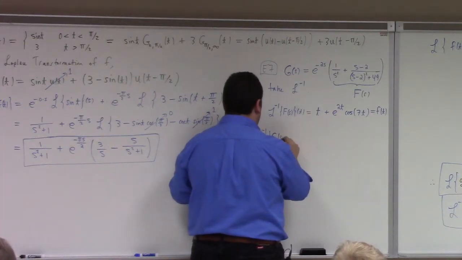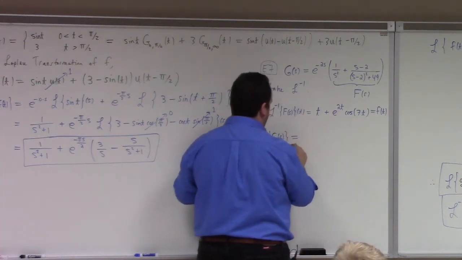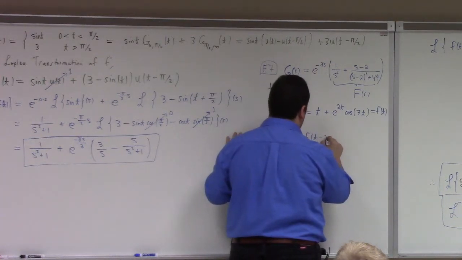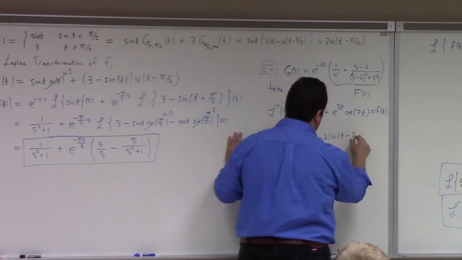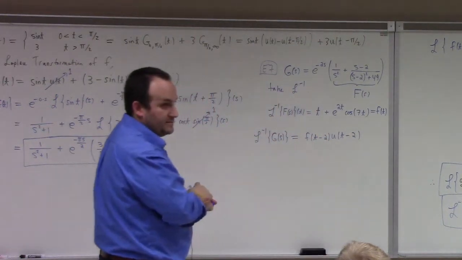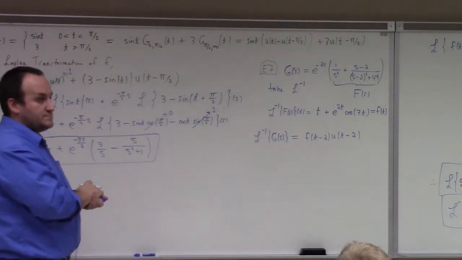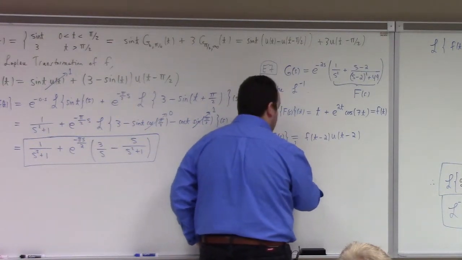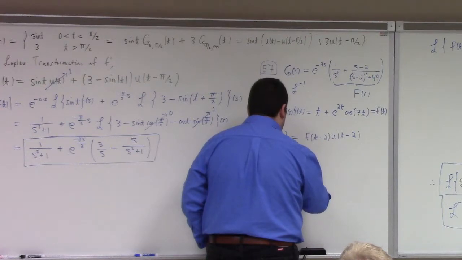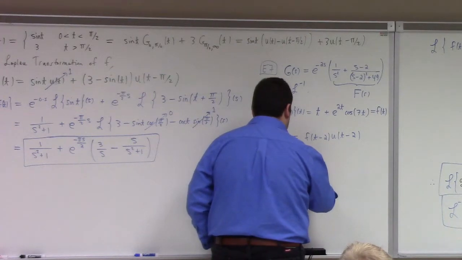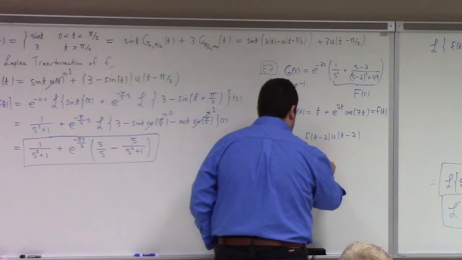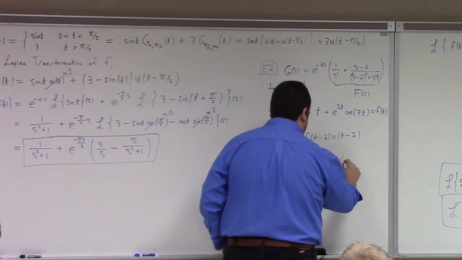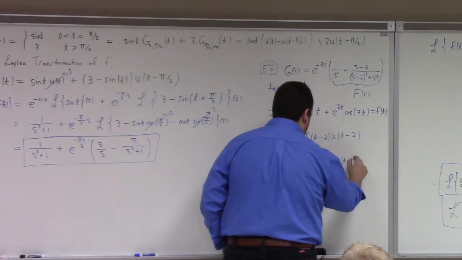So the inverse Laplace transform of G of s is equal to f of (t minus 2) times u of (t minus 2) using star star, which is actually equal to (t minus 2) plus e to the 2 times (t minus 2) times the cosine of 7 times (t minus 2).